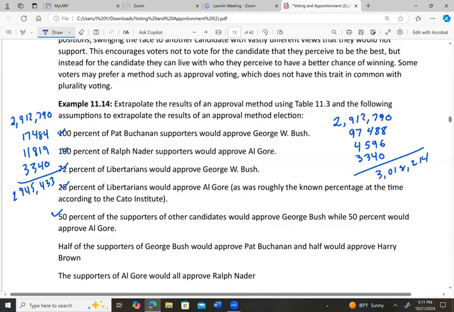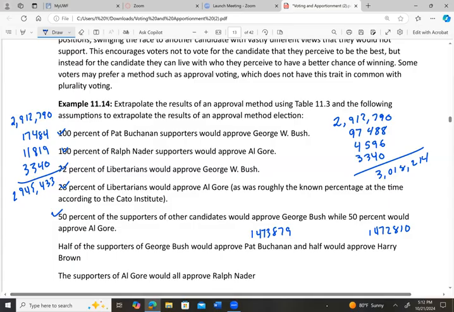And Buchanan would have 1,473,879. And 1,456,395 plus Brown, 16,415. Brown would end up with 1,472,810. Now here's where it goes kind of screwy.